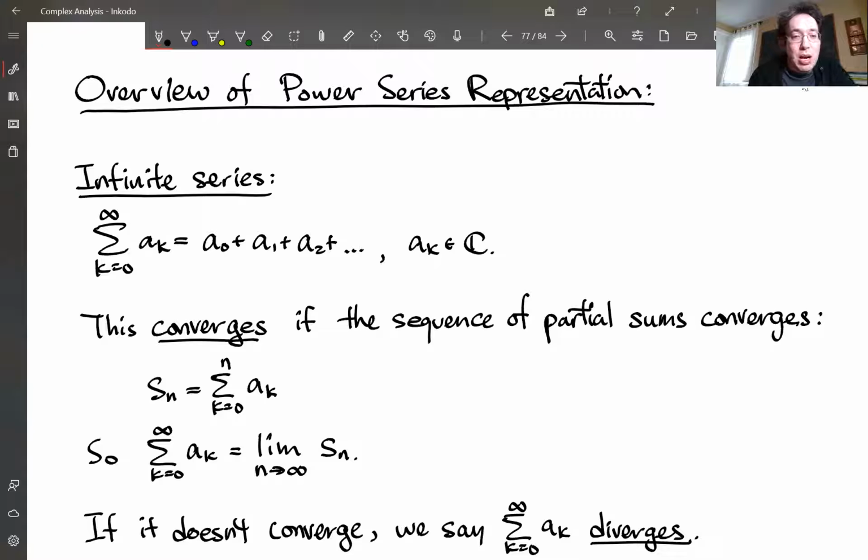So just a review of infinite series. If we have a sum from k equals 0 to infinity of some sequence a_k, that's the same thing as taking the limit of these partial sums, and we're assuming the sequence to be in complex numbers here.